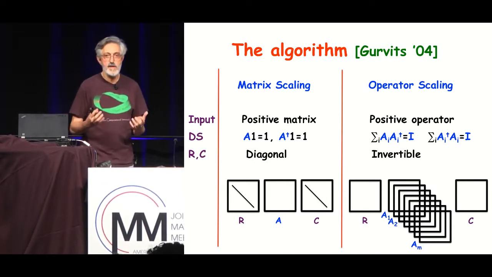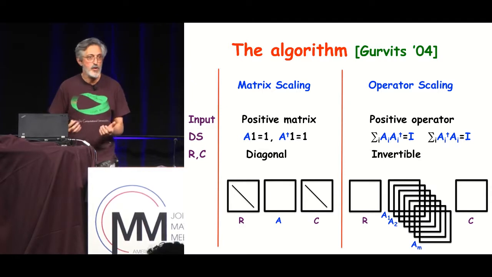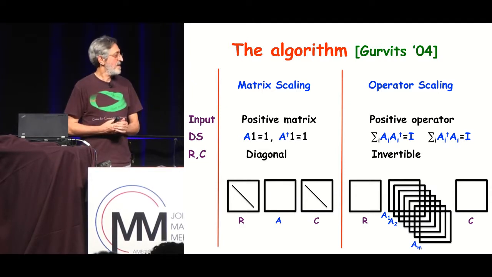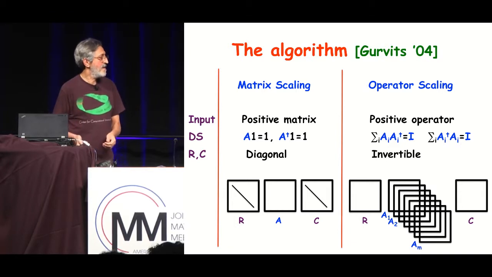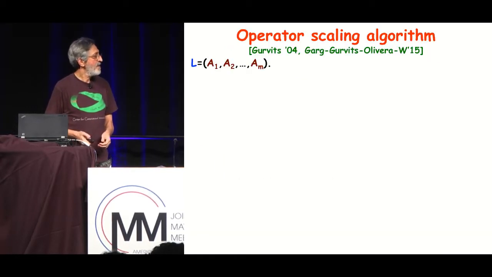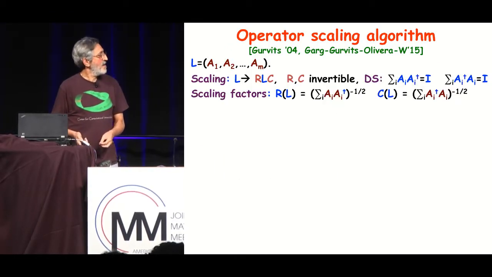So the only thing that changes is that the action on the left and the right becomes a basis change as opposed to scaling by scalars. And the algorithm is here.